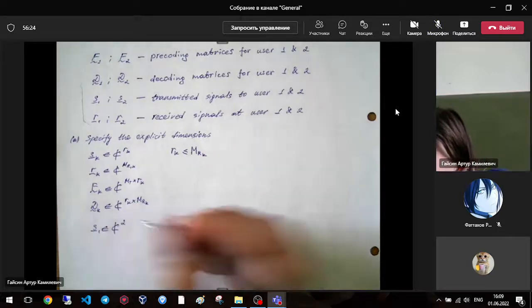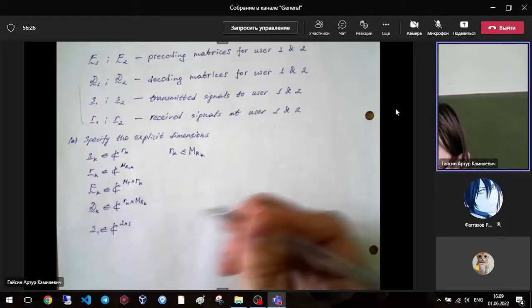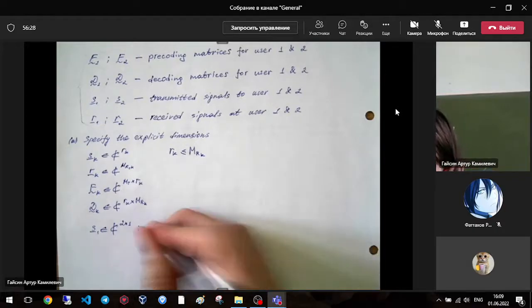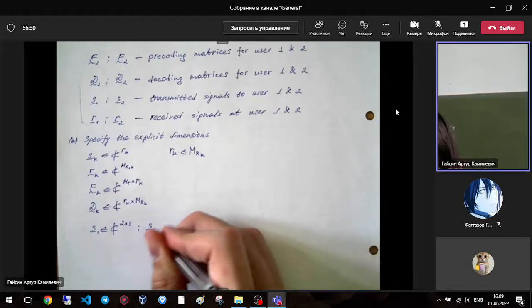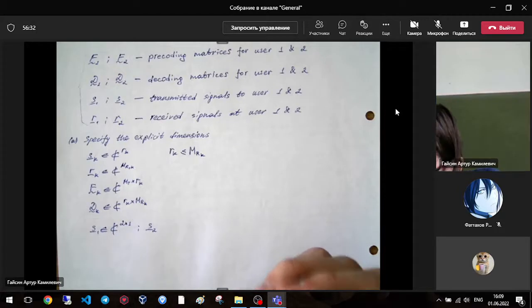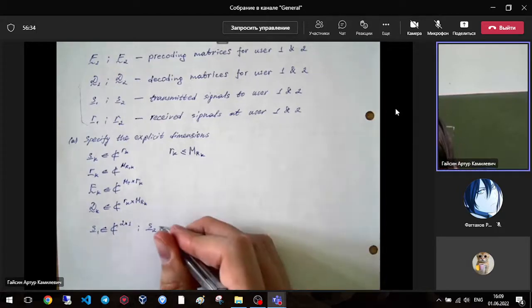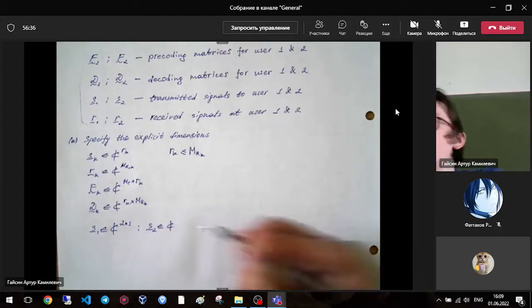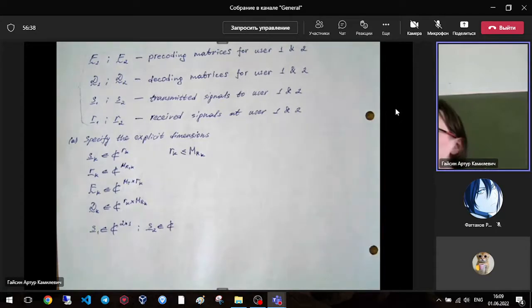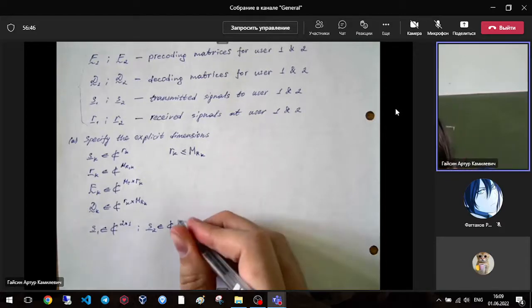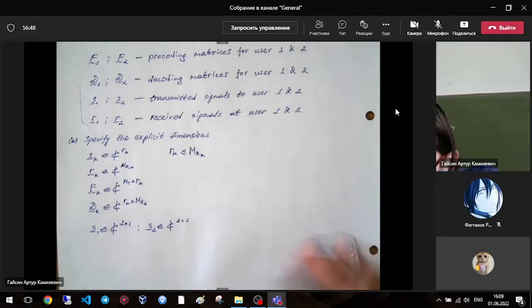So 2 rows, 1 column. Then second transmitted signal to the second user. Yes, because the number of receive antennas for user 2 also 2. So 2 times 1.